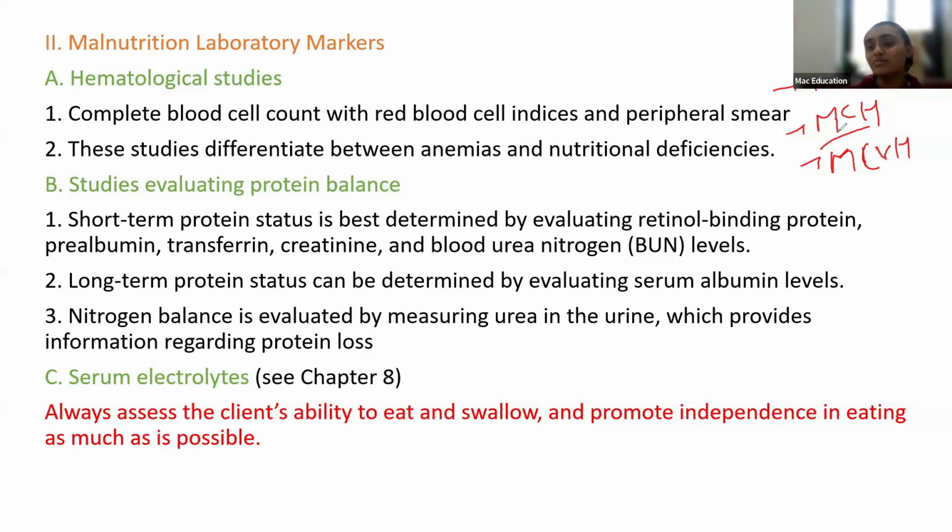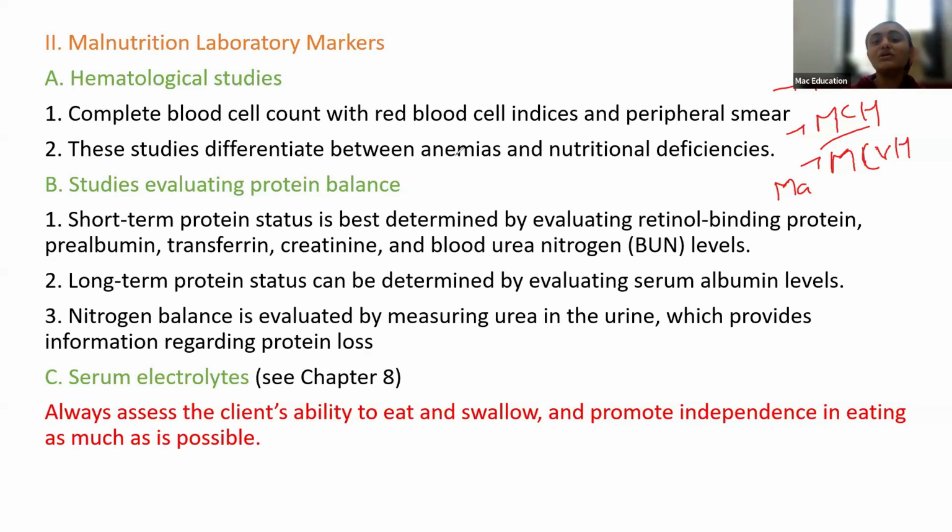MCV is mean corpuscular volume, and MCH is mean corpuscular hemoglobin. In that you will find macrocytes, microcytes, and other words: hypochromic, hyperchromic, normochromic. Through these you can identify the status of HB, hematocrit and other things.